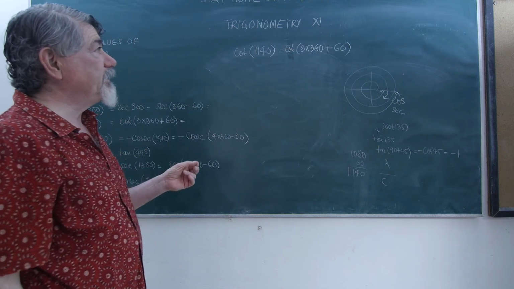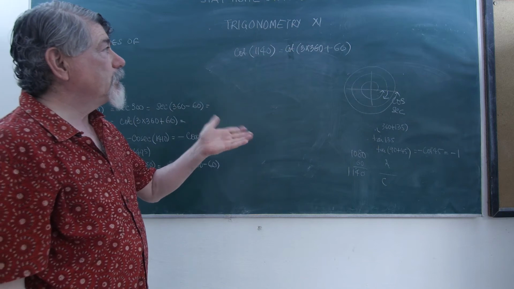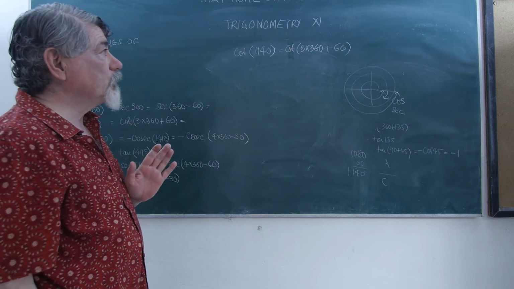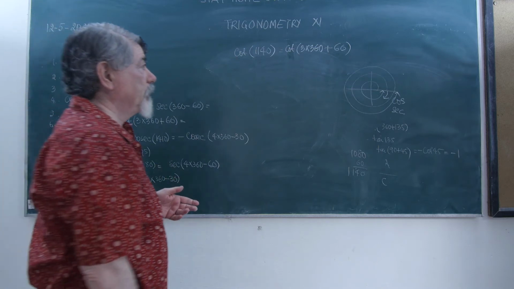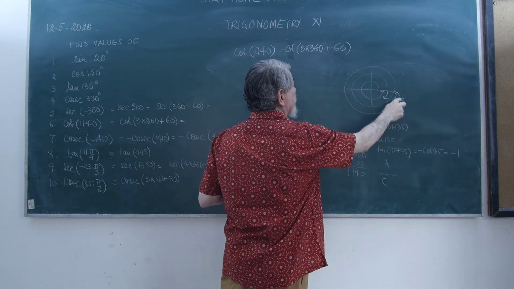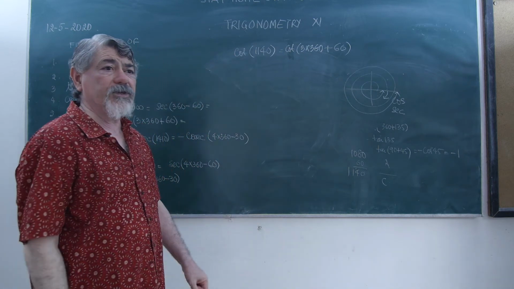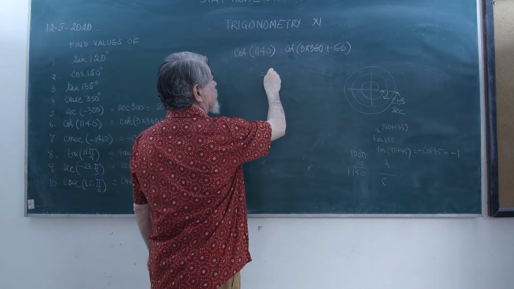So cot 3 into 360 plus 60, again this cot will remain cot only, because it is going to come into which quadrant? In the first quadrant. 3 into 360 is 3 complete rounds, and plus 60 it comes into the first quadrant, and in the first quadrant we don't change the sign.